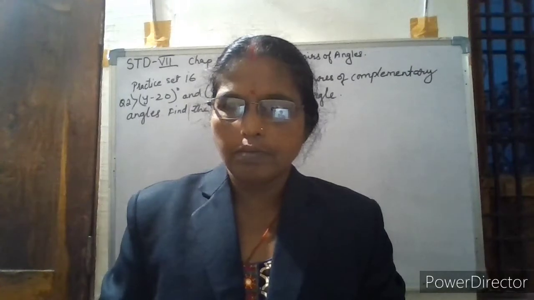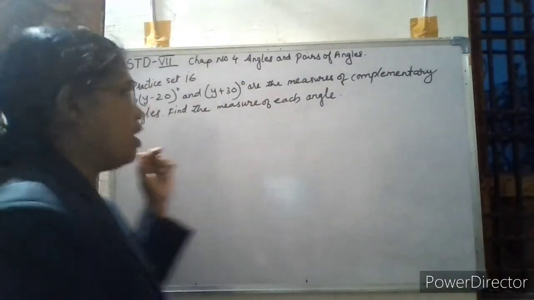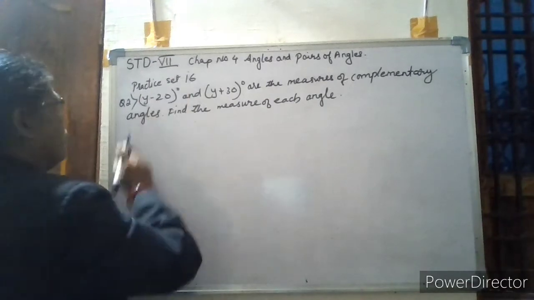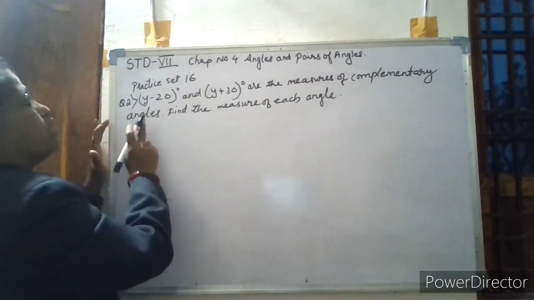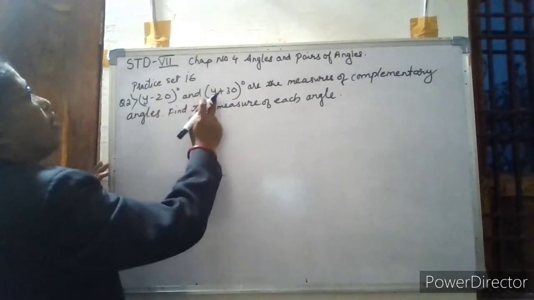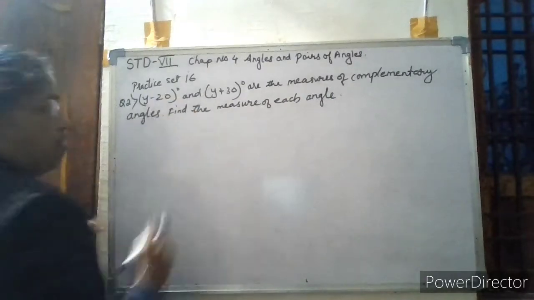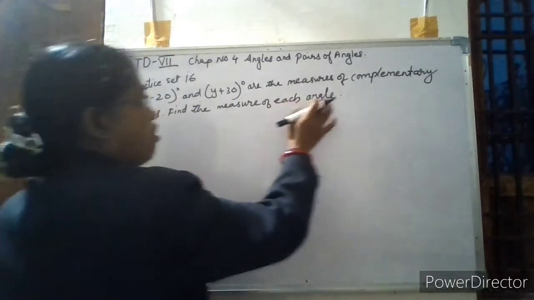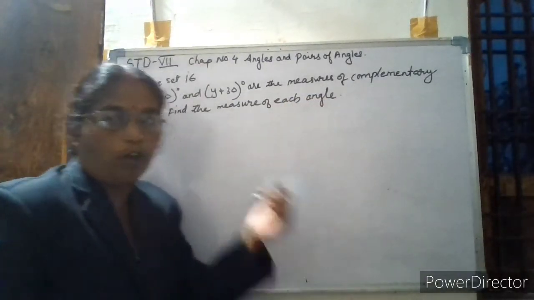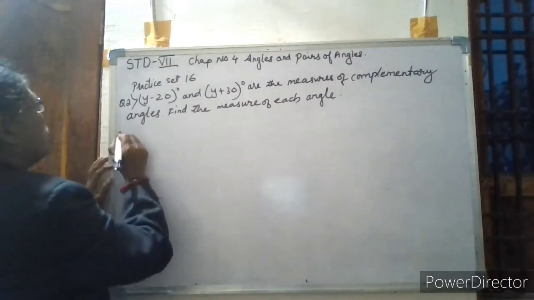I have taken one second example of complementary angles from the textbook, practice set 16. See, question number 2. y minus 20 degrees and y plus 30 degrees are the measures of complementary angles given. So find the measures of each angle of the complementary angles. Solution.